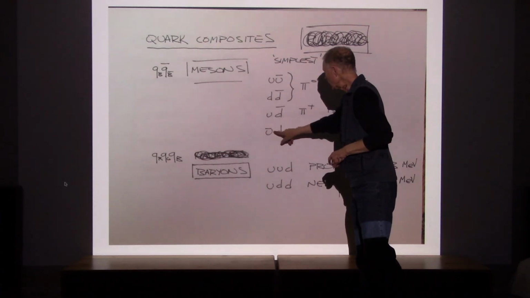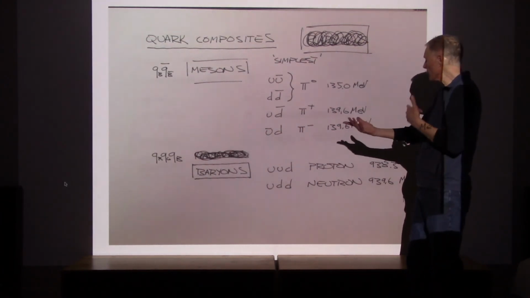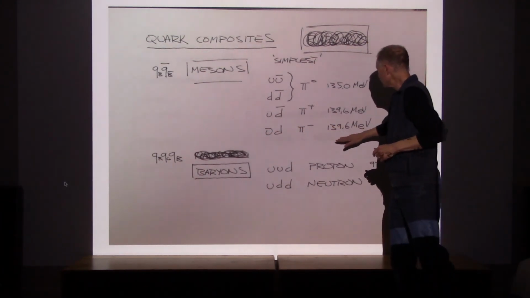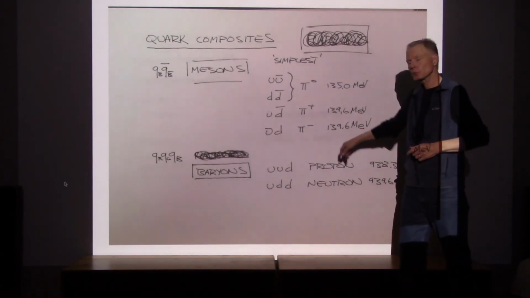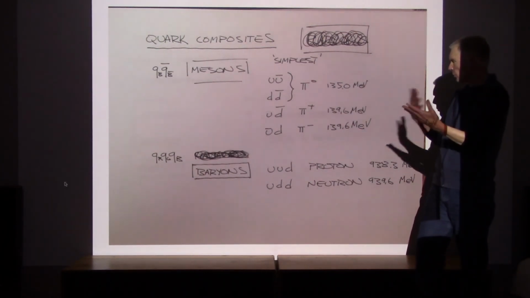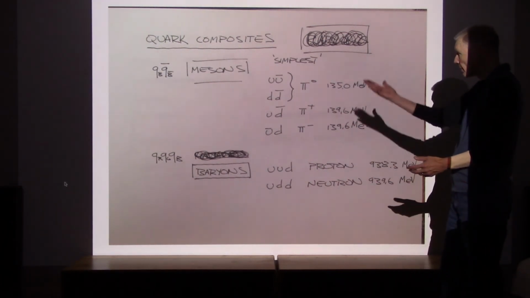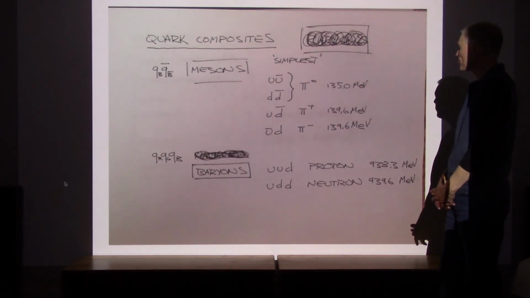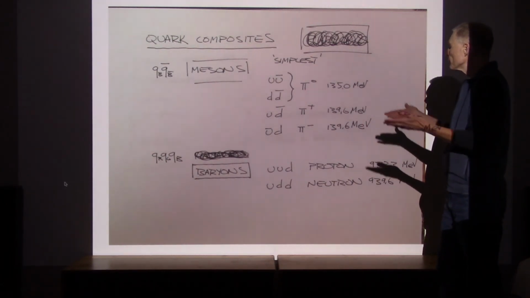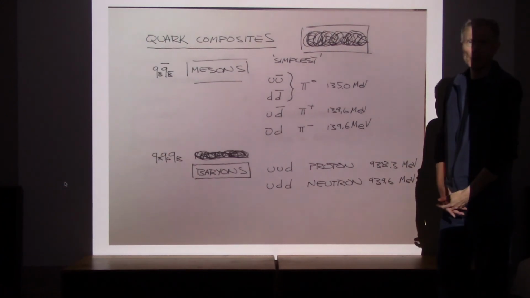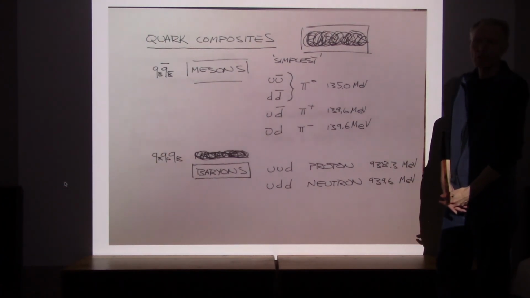The anti-up and the down, then that reverses the charge, but it doesn't affect the mass. So the mass of the particle-antiparticle pairs, the mesons, are the same. They're not stable. These are the closest thing to being stable. Again, they have a lifetime of a few microseconds.